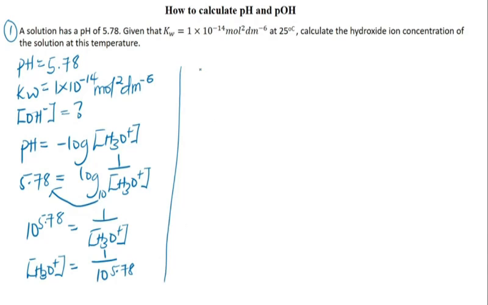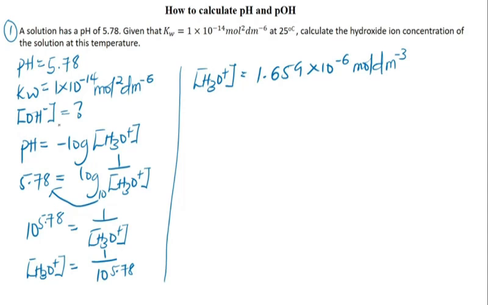From there we can say our hydronium ion concentration is equal to 1 over 10 raised to the power 5.78, which is equivalent to 1.659 times 10 raised to the power minus 6 mole per dm cube. So this is the value of the hydronium ion in solution.